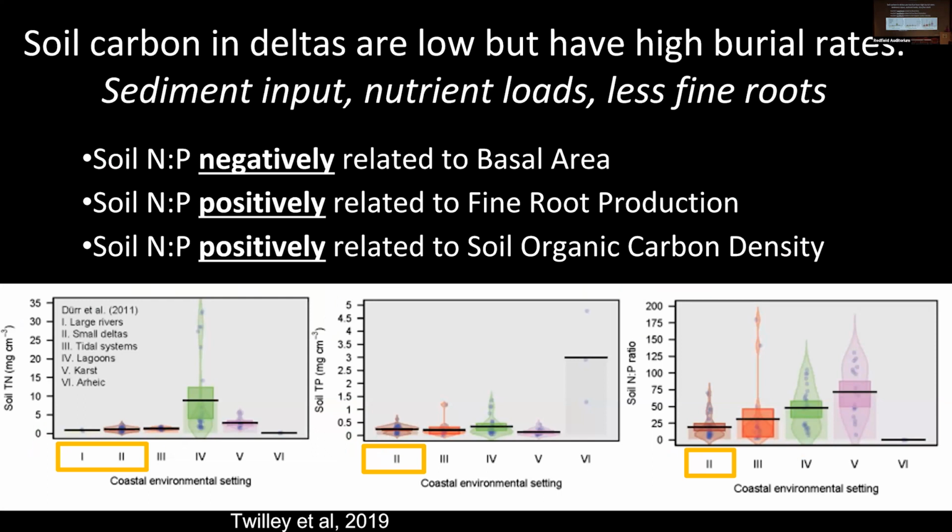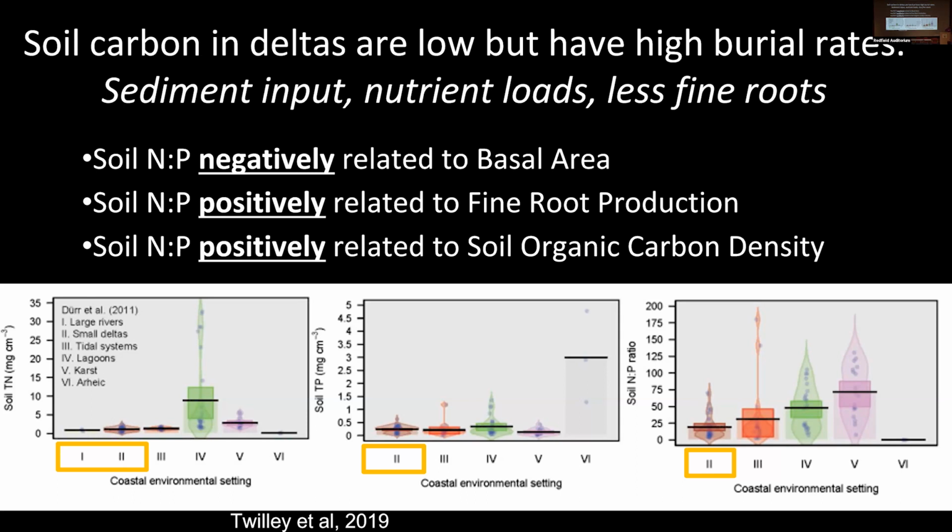And so what we're seeing within delta systems themselves, and I've highlighted them there in the orange boxes, is these interactions between soil nitrogen and phosphorus. So we have these relationships between what's happening with soil N and P and what that means for basal area, essentially the area of biomass stored above ground, but we also have these relationships with fine root production.